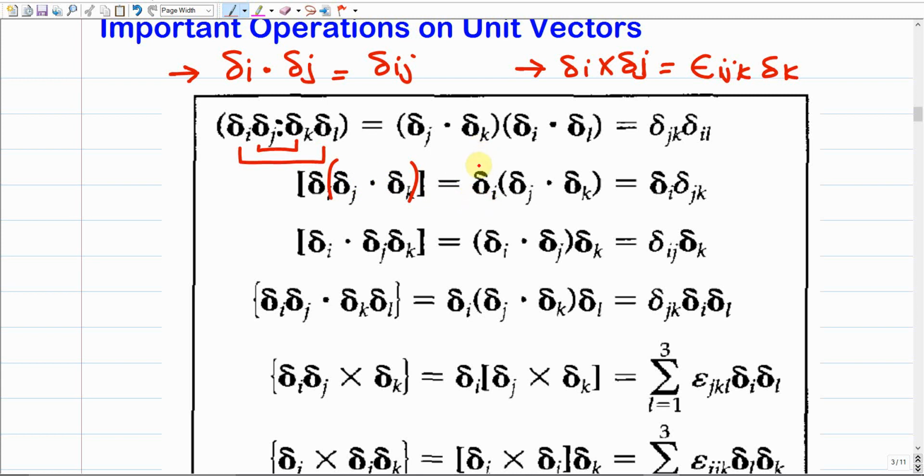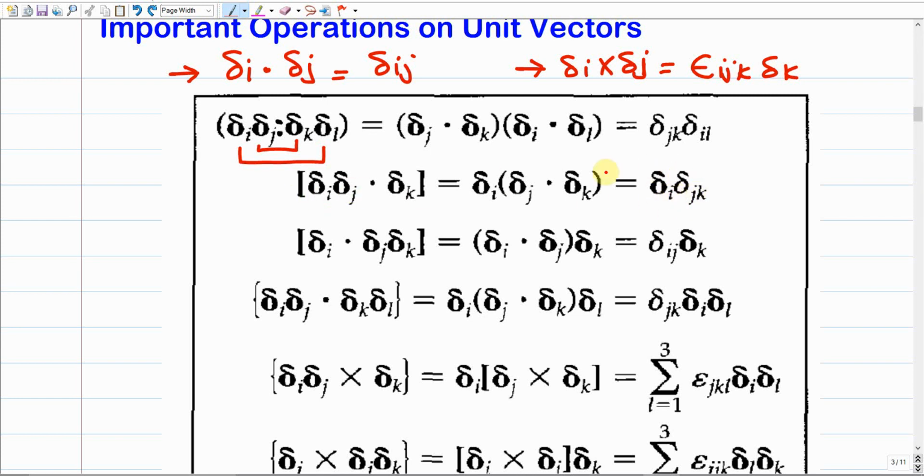And it doesn't matter where the location of delta I is; it can be moved outside the parentheses on the right or on the left. But anyway, for this one, we are going to do the operation just over delta J delta K, and delta J dot delta K gives delta JK, which is the canonical delta, but this is a vector.